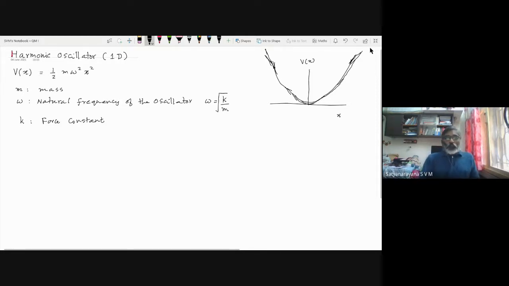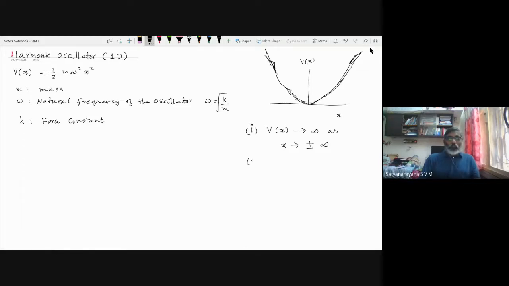There are two things that we can notice immediately. First, V of x goes to plus infinity as x goes to plus or minus infinity.